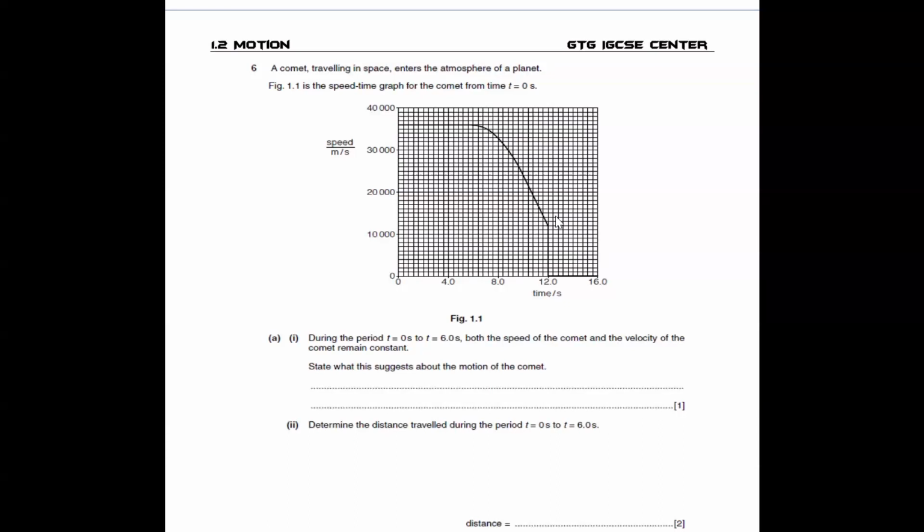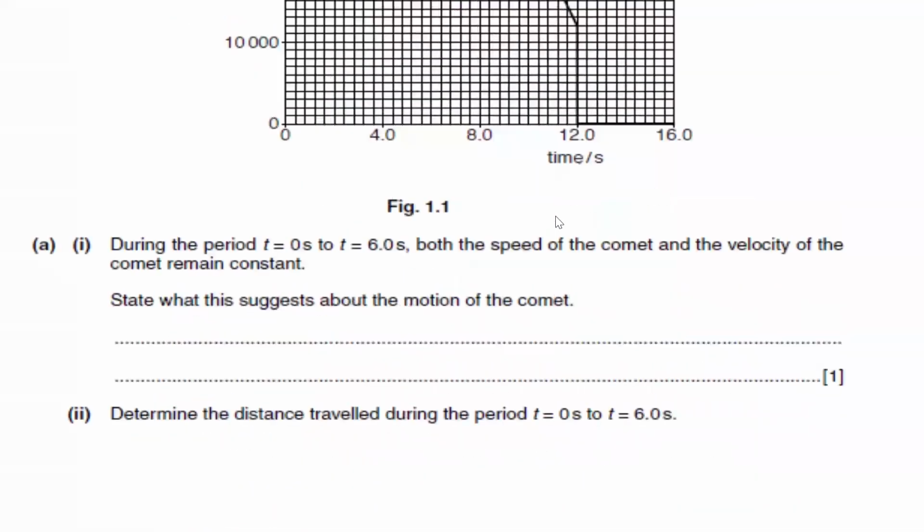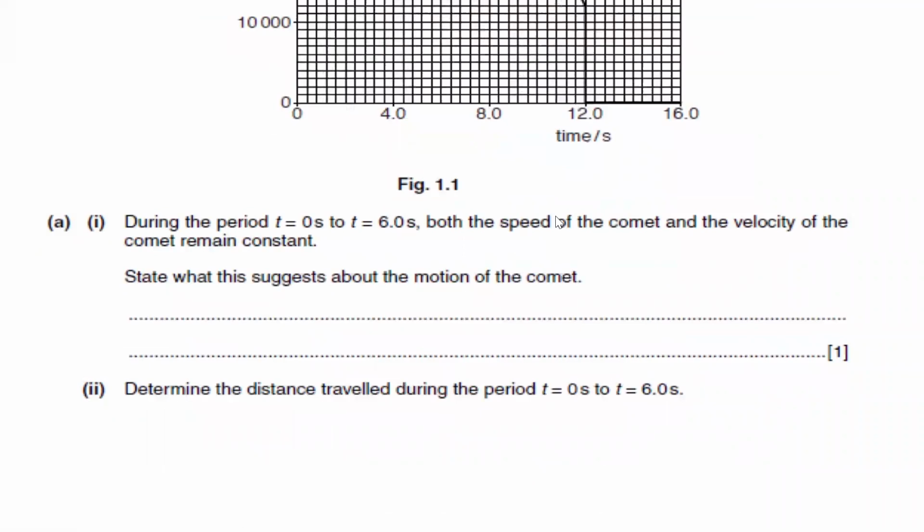Okay, for those who are stuck with the first part, let me tell you what to do. Like I said, the keyword here is that the speed and velocity of the object remain constant. What's the difference between speed and velocity again? One is a scalar, another one is a vector.